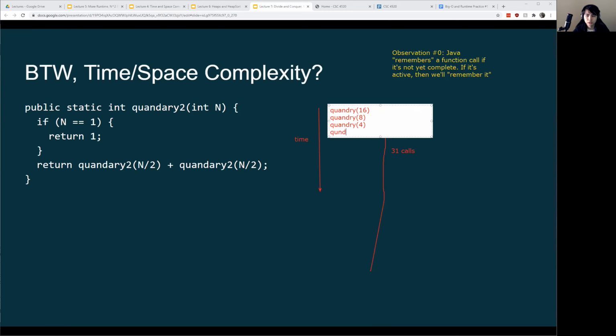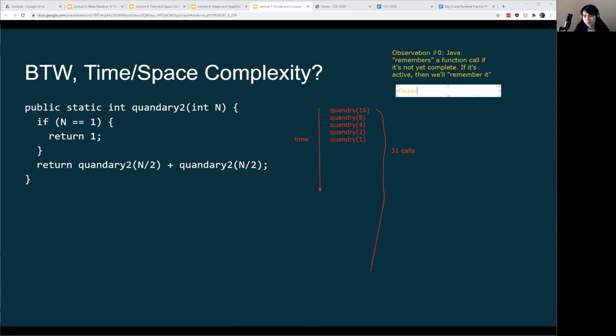Java also remembers that we are doing quandary of 4 and quandary of 8 and quandary of 16 when we're doing quandary of 2. Java also remembers that we're doing quandary of 2 when we're in the middle of doing quandary of 1, and so on.